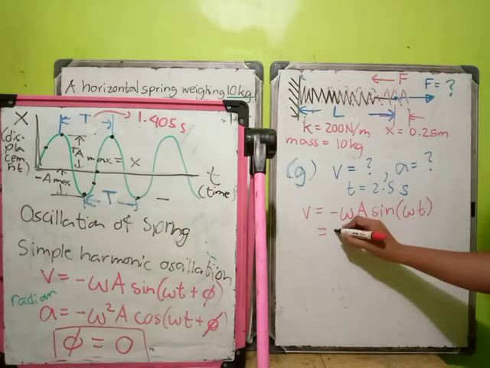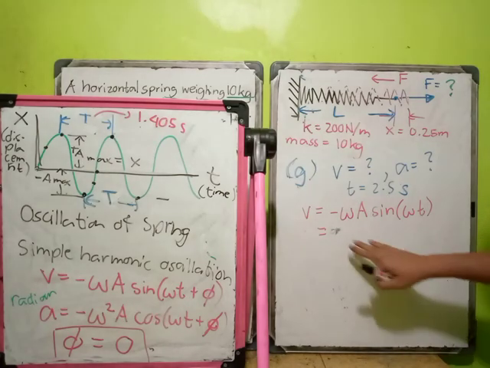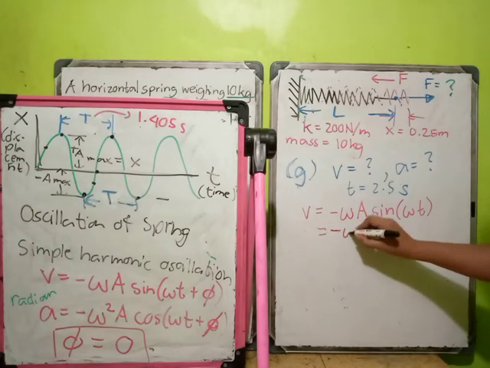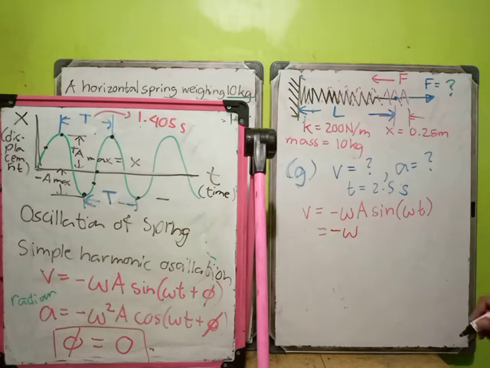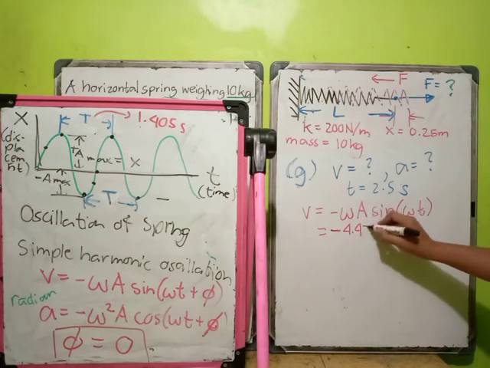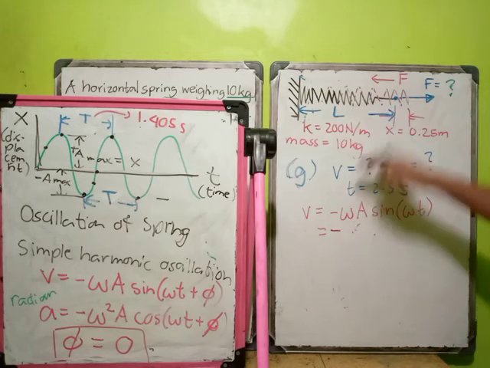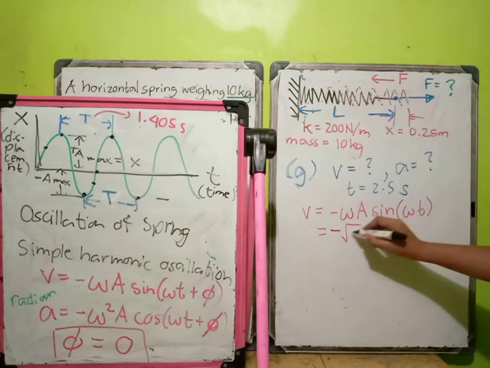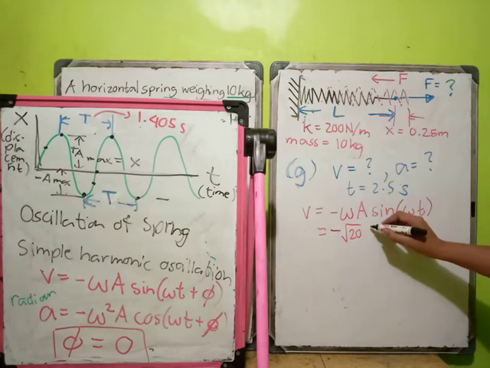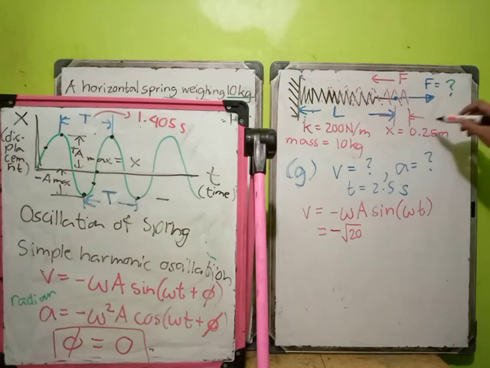So, negative omega, which is 4.472, or you can use square root of 20 para mas accurate. You can use square root of 20. The amplitude is obviously 0.25.